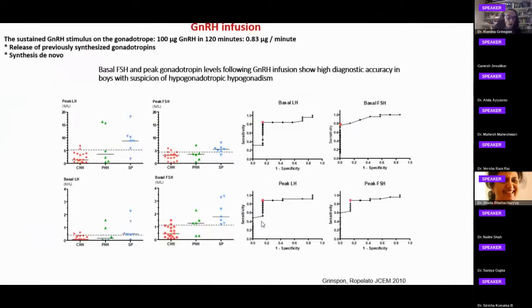Our group published several years ago a paper that evaluated the usefulness of prolonged infusion of 100 micrograms of GnRH for 120 minutes. The objective of a long test is to evaluate the release of previously synthesized gonadotropins, but also the synthesis de novo.